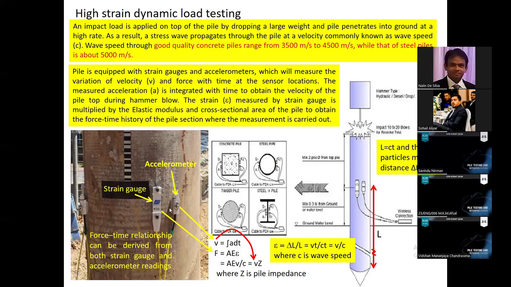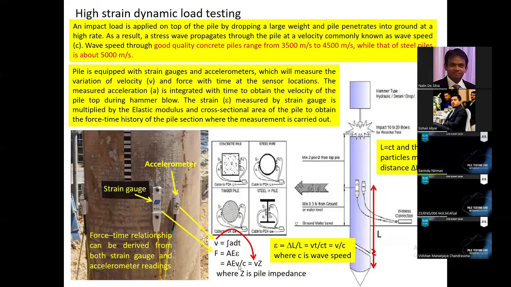So wave velocity, it's not the particle velocity, yeah, wave velocity along the pile times T gives the length. Ct is the length. So we can prove that the strain is equal to V over C, particle velocity divided by wave velocity. And you can simply replace V over C here.